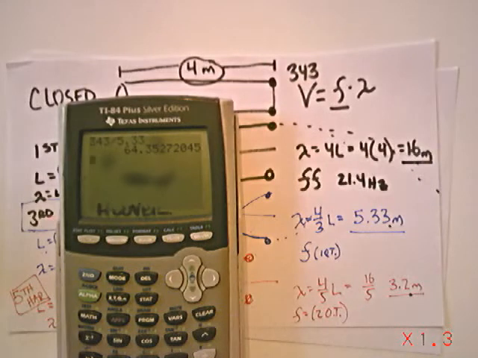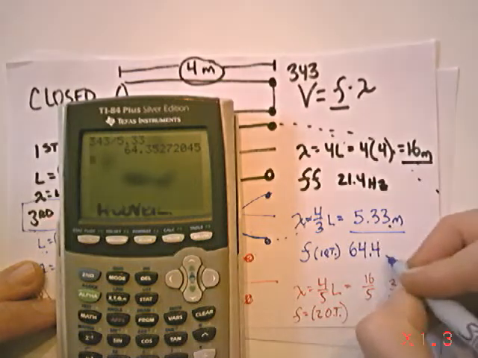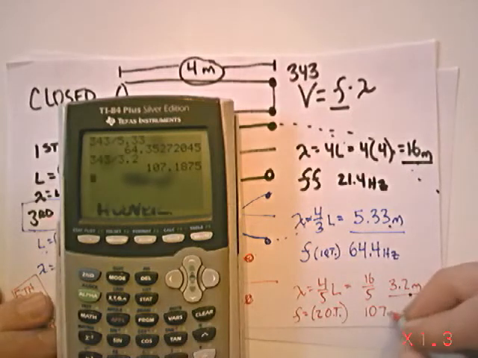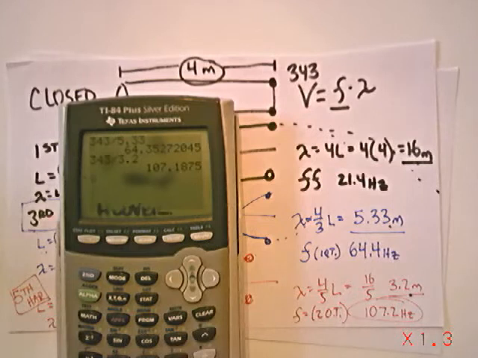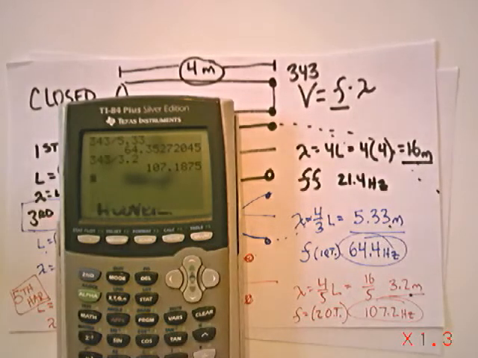So I'll fill that in, 64.4 hertz. Last but not least, the second overtone, or fifth harmonic, and we divide by its wavelength, 3.2, and we get 107.2 hertz.